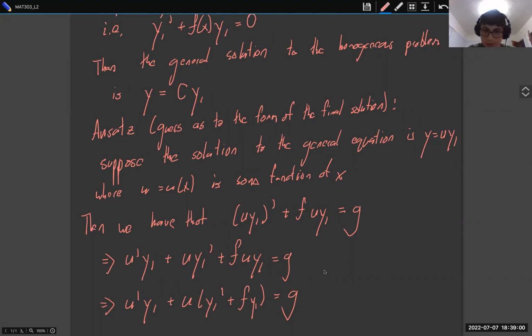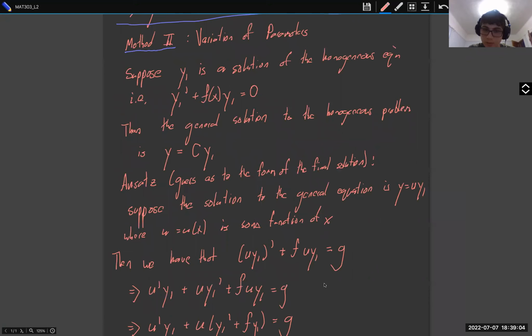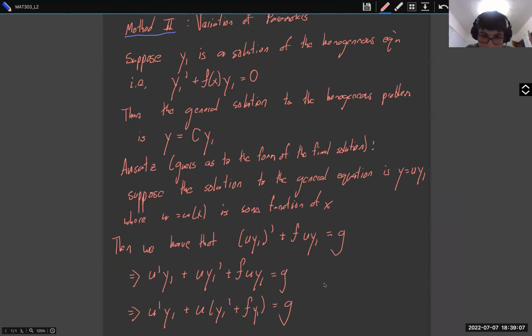We supposed that y1 was a solution of the homogeneous equation, right?